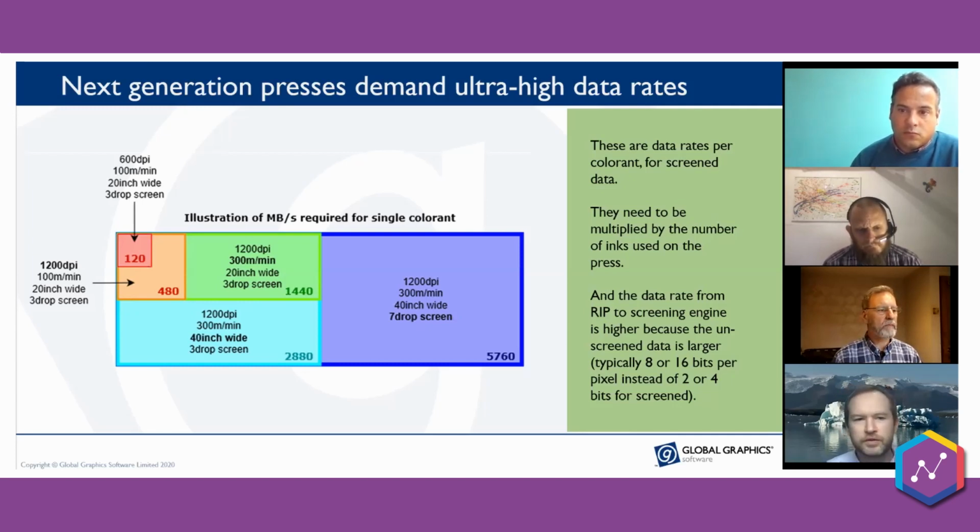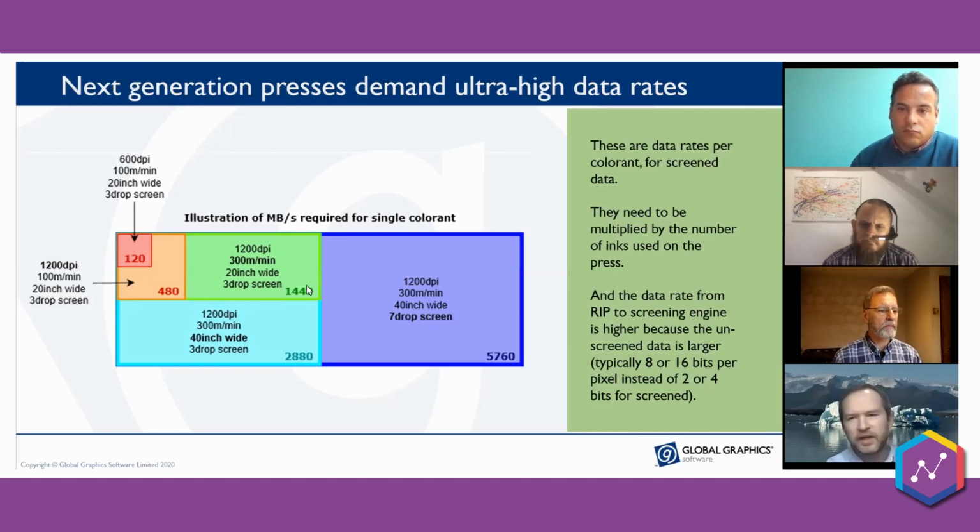But as soon as you move to 1200 DPI, you're now up to 480 megabytes a second, which, if you bought a top-end solid-state hard drive, it could manage. So you're fine. You could still run your whole business off a hard drive, as long as you had one hard drive per colorant. But then what if you want to run your press faster?